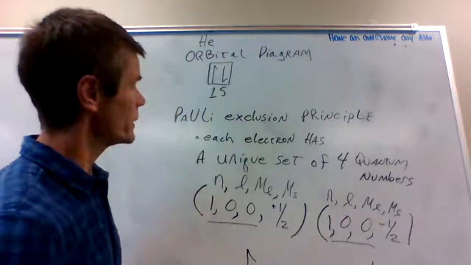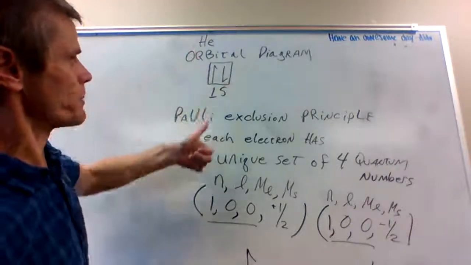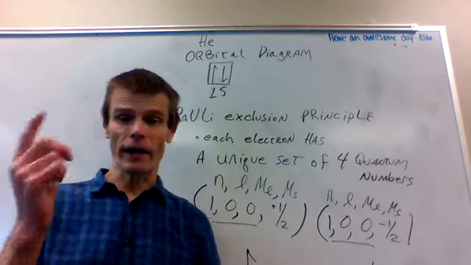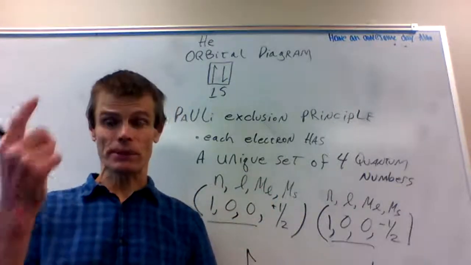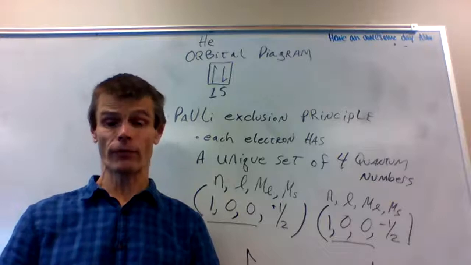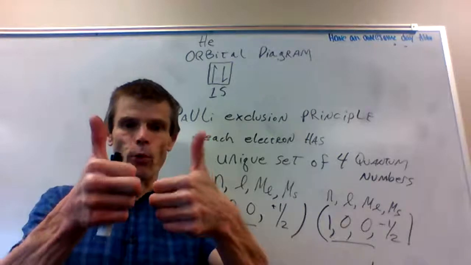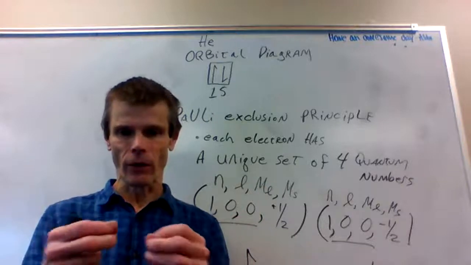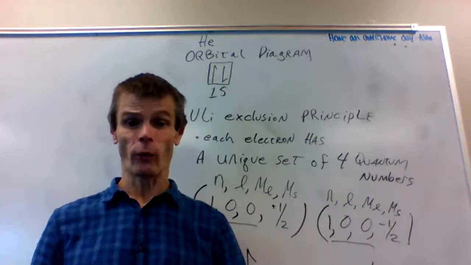If we think of these as having electric spins, one upward and one downward, an electrical charge that's spinning generates a magnetic field. If these were both pointing upward in the same direction, they would have magnetic fields that repel one another.